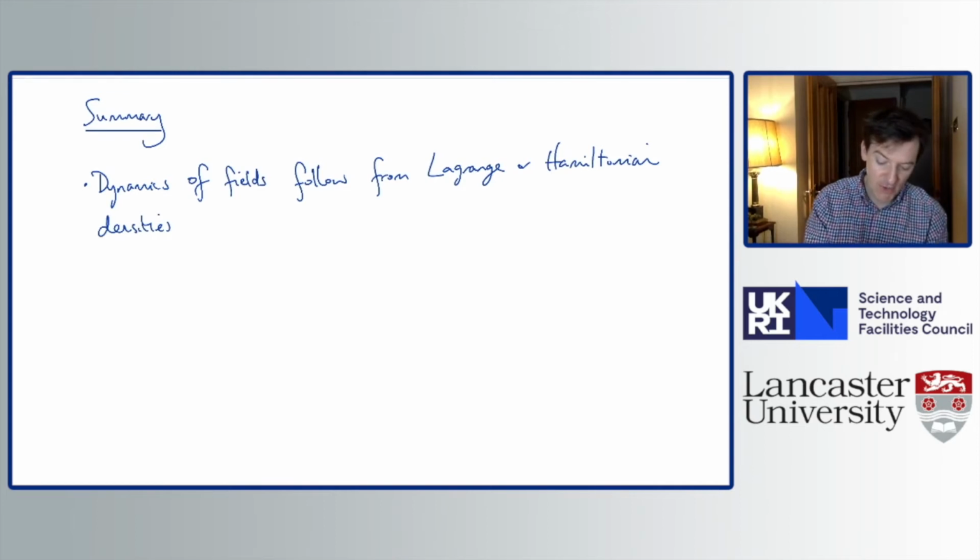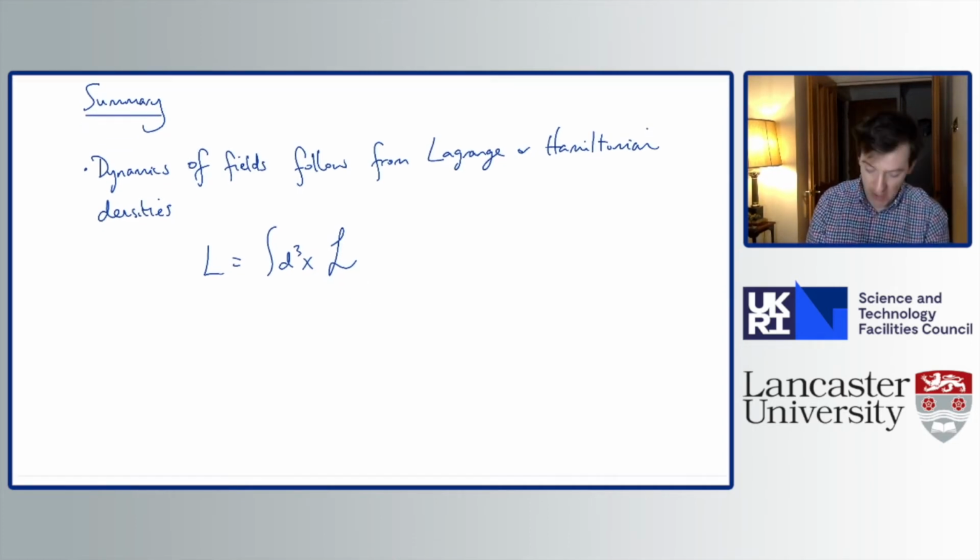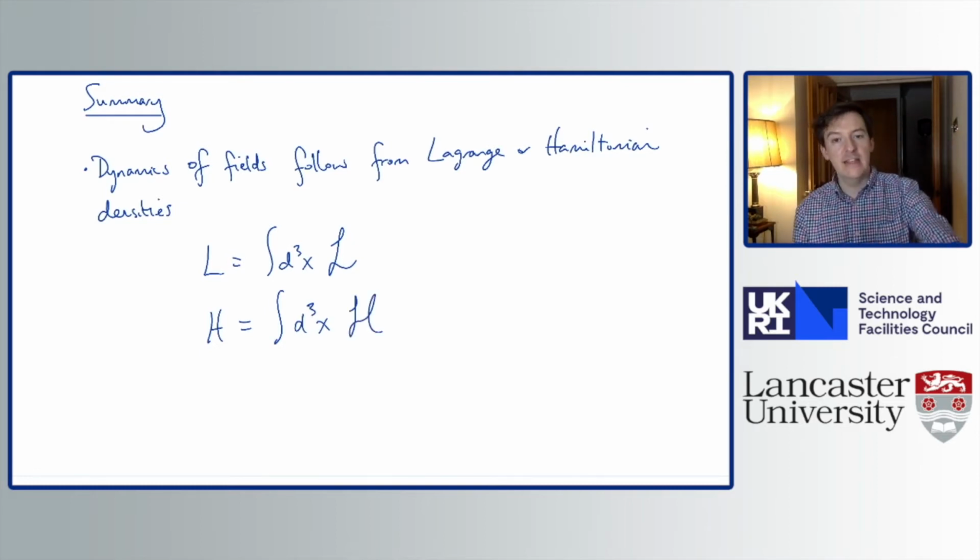These are related to the Lagrangian and the Hamiltonian by integrating over the volume. The Lagrangian is given by L, and the Lagrange density is given by this curly L. But as I said, most people will refer to the Lagrange density as simply the Lagrangian. The context usually makes it obvious which is which. Then we have the Hamiltonian and the Hamiltonian density. The Hamiltonian density is curly H, and the Hamiltonian is simply H.